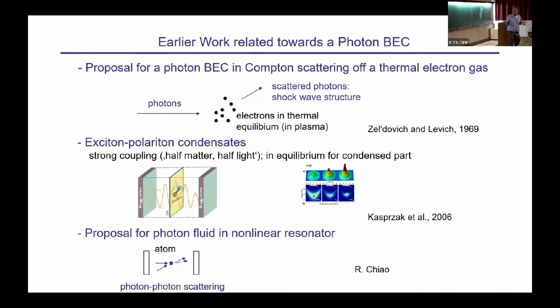What does work experimentally, of course, are exciton polariton condensates, which, well, you had talks on that already, which operate in strong coupling between matter and light in a semiconductor system. What is closer to the work that I will be talking about is a proposal for a photon fluid in a nonlinear resonator by Chiao.